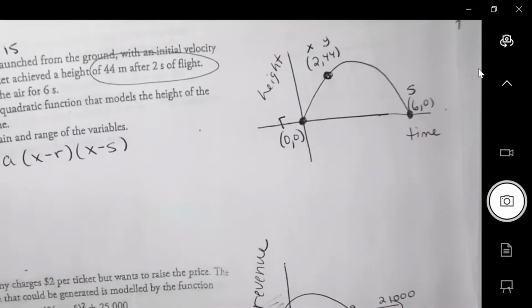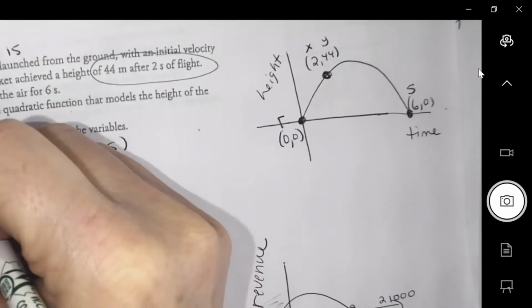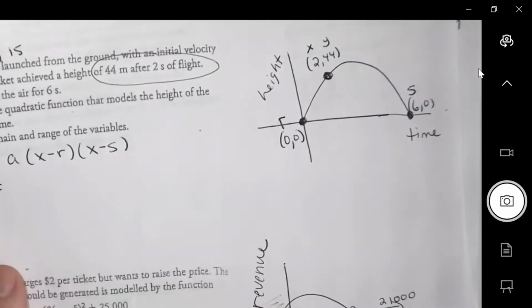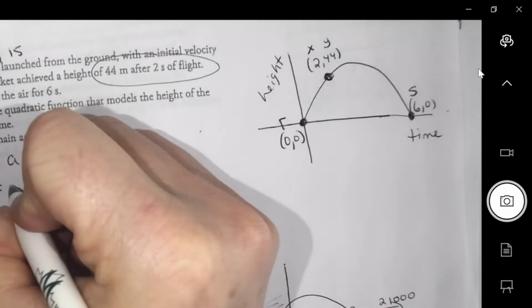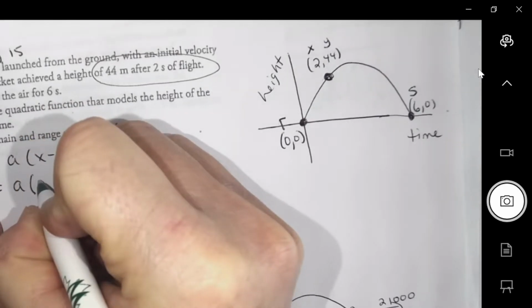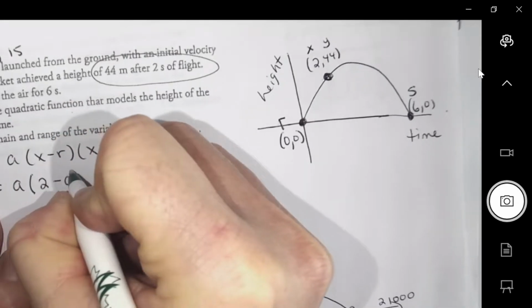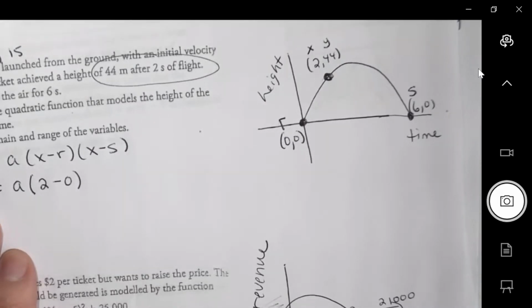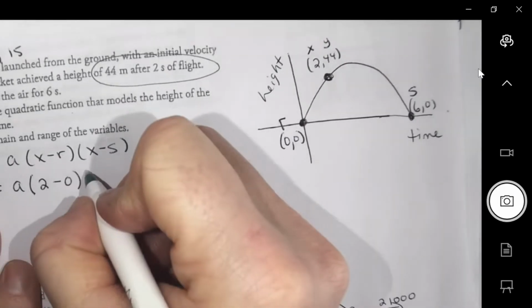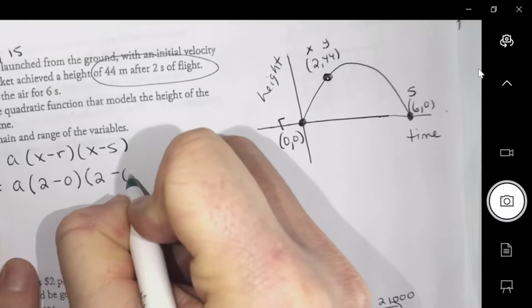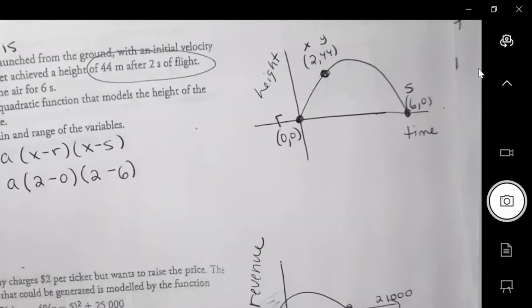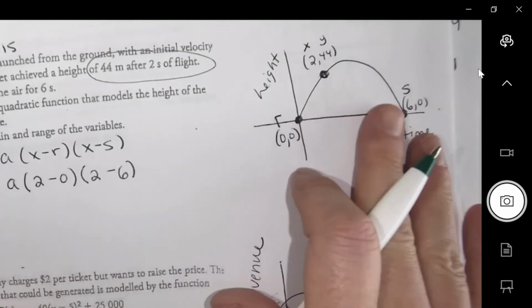You're always working to plug in and figure out A. So 44, so I have that labeled, that's the Y. A bracket, 2 minus 0. Two minus 6. You see where I'm getting all those values from? I'm plugging in and I labeled them all.